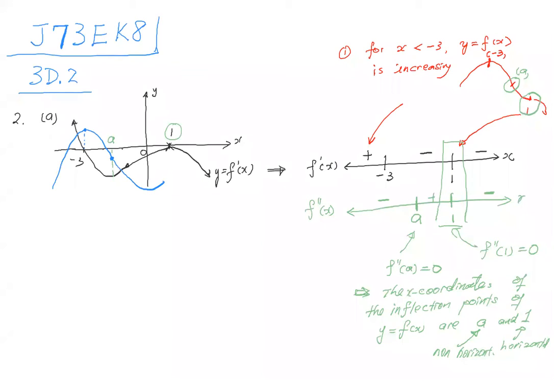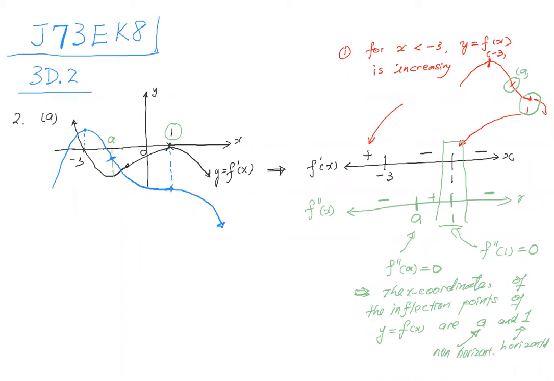If I draw like that, then I'm wrong, because it's supposed to be a horizontal inflection point. So you have to go in this way, then flatten at here. Clear? Then after that, it turns concave. So you will go down.